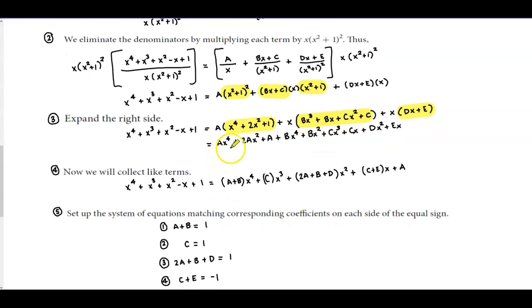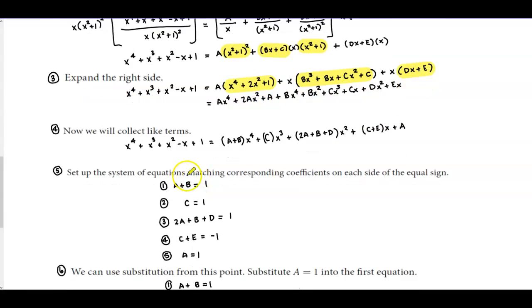So we get ax to the 4th plus 2ax squared plus a. We're going to distribute the x, so we get plus bx to the 4th plus bx squared plus cx cubed plus cx. And then we're going to distribute the x here to get dx squared plus ex.